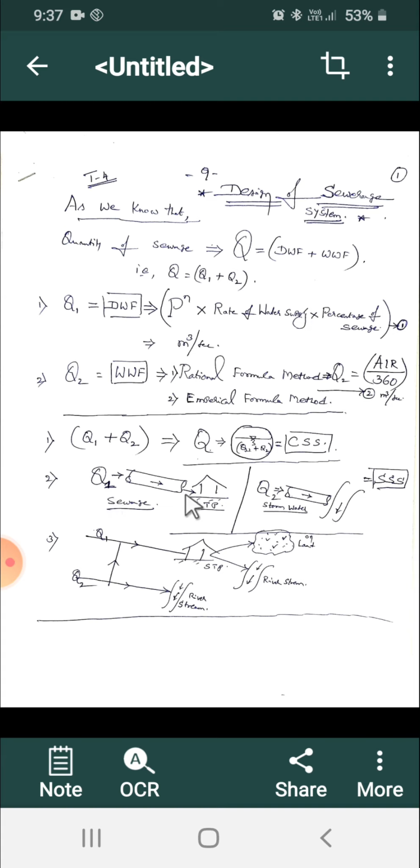This pure sewage will go to the sewage treatment plant, and this storm water will go to the river directly because it does not have much pollution. These are runoff. Now we have two pipelines separately, but partially we give a connection to Q1. This is Q1 and this is Q2.